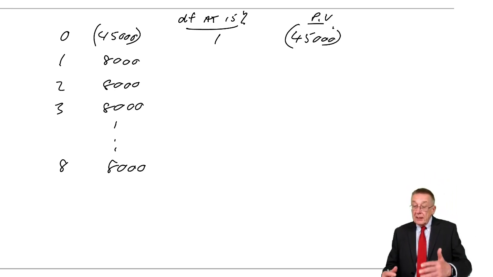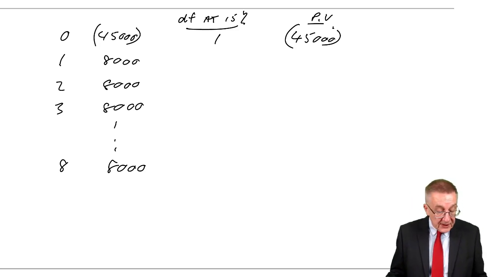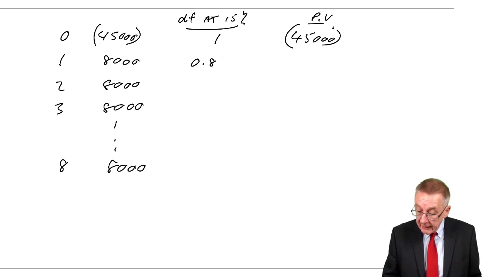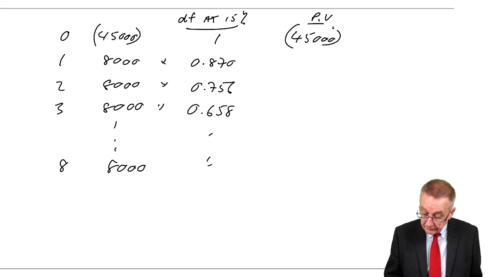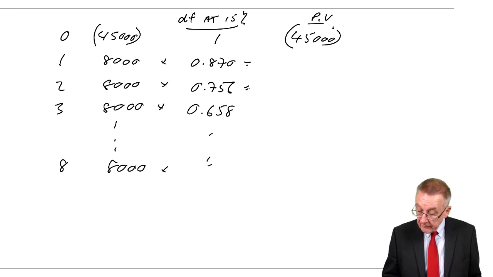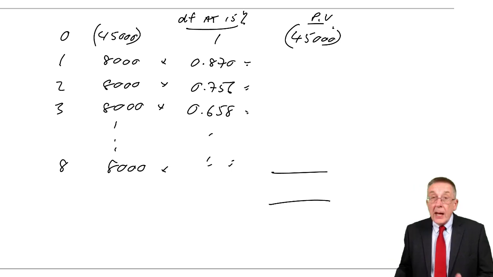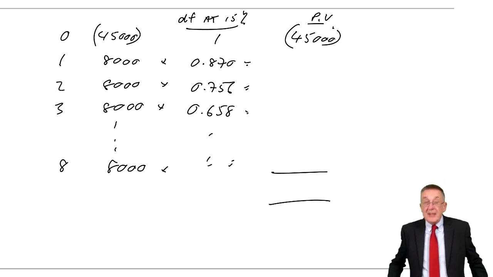But from then on, for 1 year, it's 0.87. For 2 years, 0.756. 3 years, 0.658, and so on. Now, you could do that, and it's not hard, but it obviously takes time.